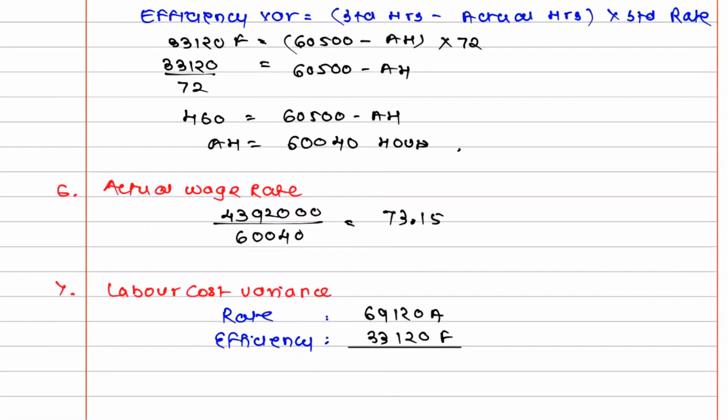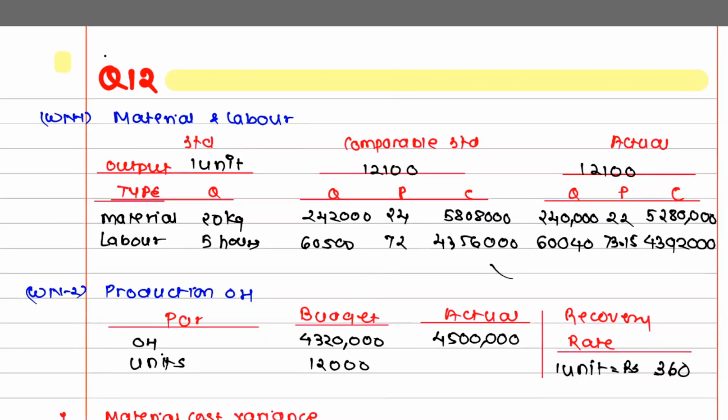So 33,120 minus 69,120 gives 36,000 adverse. Let me check whether my answer is right or not. How can you check this? 36,000 adverse it should be.